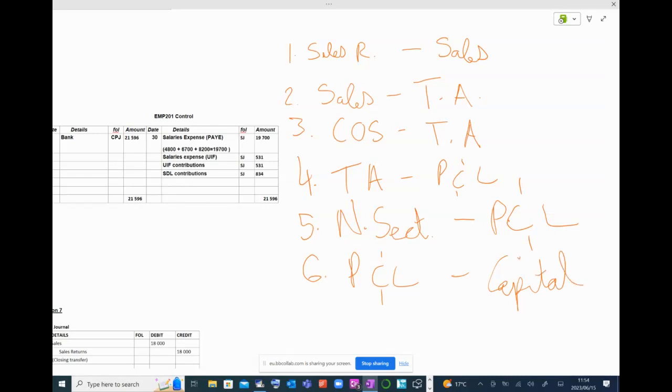Now, what's the next step? Drawings to capital. Is there another step? Is there anything else? That's it. Those 7 steps. You understand those 7 steps?